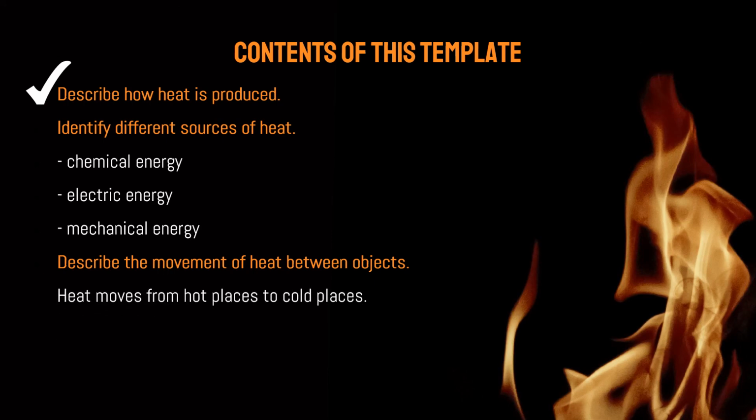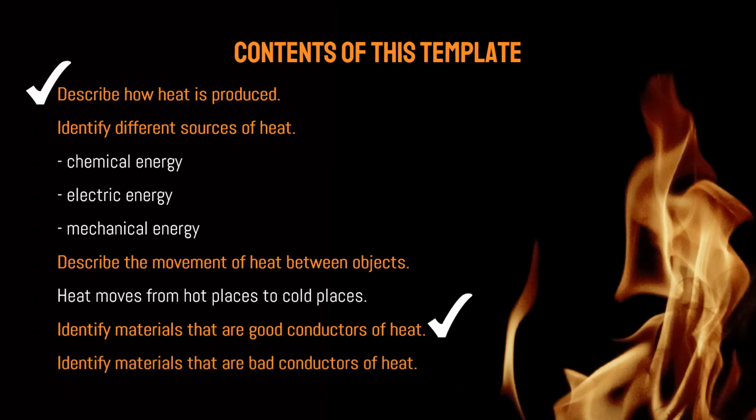Heat moves from hot places to cold places. Good examples of good conductors of heat are metals such as gold, iron, copper, aluminum. Paper, wool, cotton, wood, plastic are bad conductors of heat.